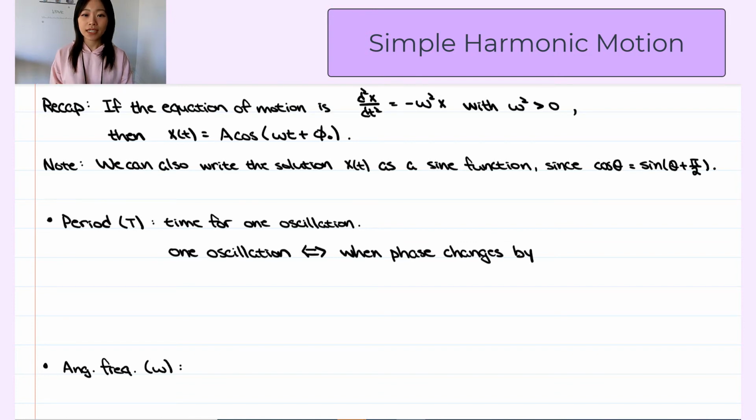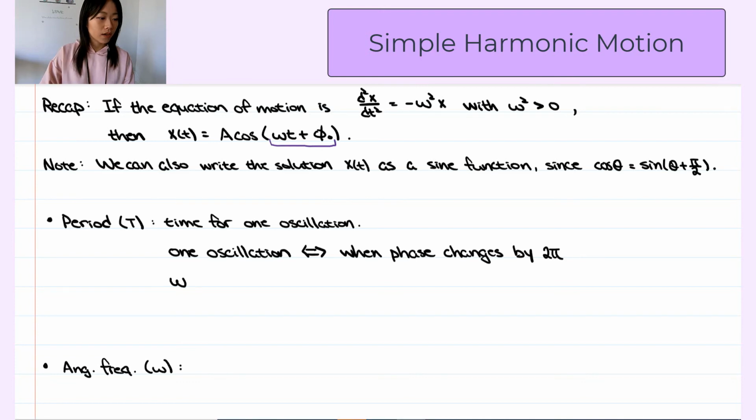Another important quantity in simple harmonic motion is the period, which is the time for one oscillation. And one oscillation is when the phase changes by 2 pi. And the phase is the thing inside the cosine function.